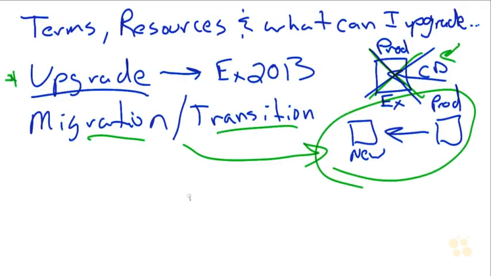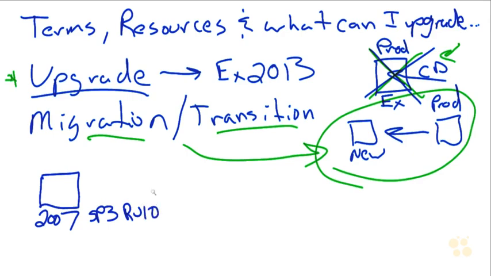Now, what can you upgrade to? And that's, oh boy, really important. We want to get to Exchange 2013 in a safe and controlled fashion. So here's what you're allowed to have. You can have, I'm drawing it as a box, Exchange 2007. Specifically, if you're on Exchange 2007, you want to be on SP3 and Rollup 10, so that's the update for it.